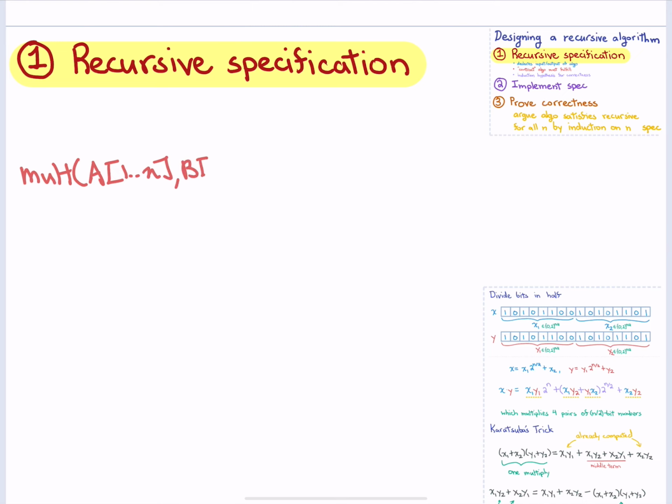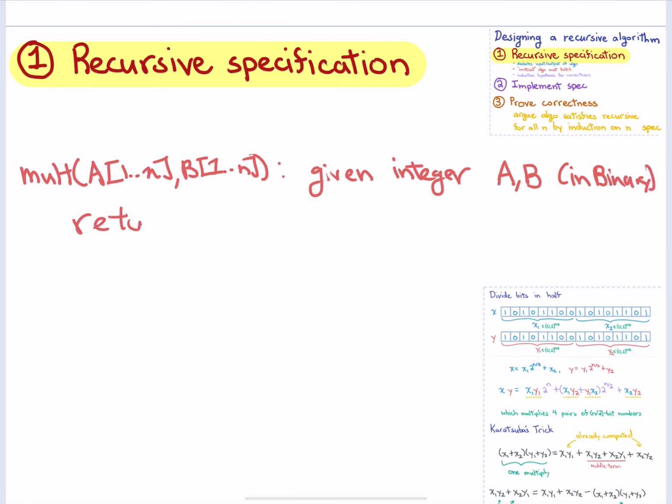Something like this: given integers a, b, I guess in binary, return a times b in binary.